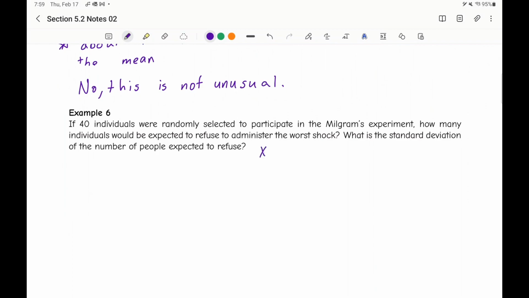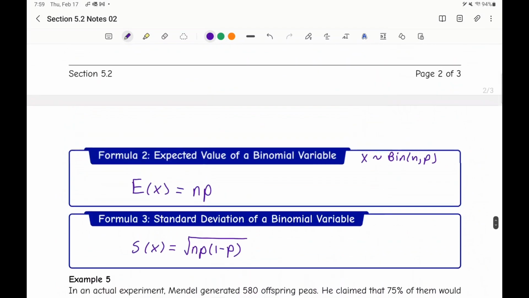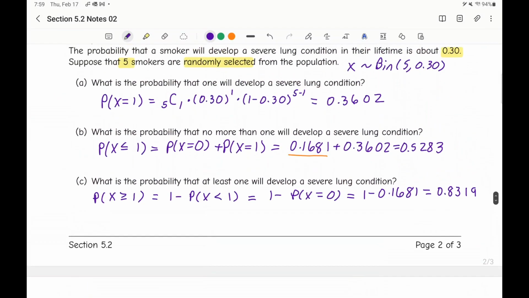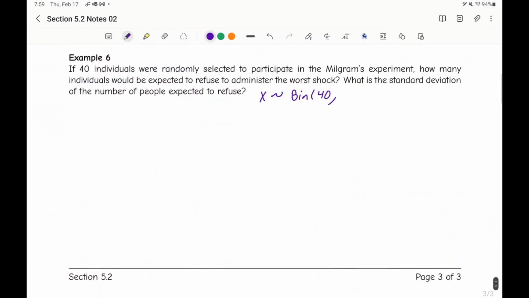So this would be X is binomial 40 comma... I need to go back up because I already forgot what p was. p was 0.3. So 0.3. The expected value then is 40 times 0.3, which is 12.